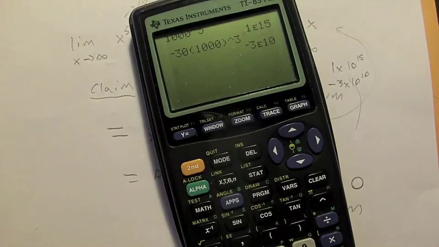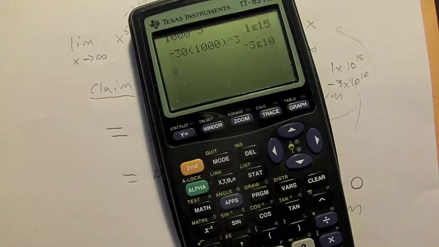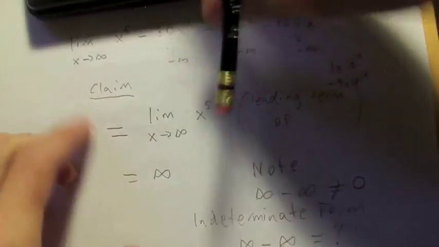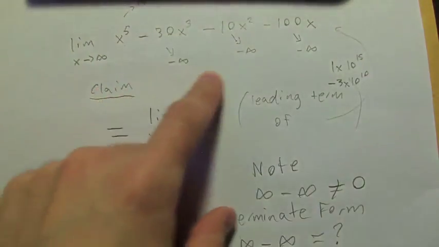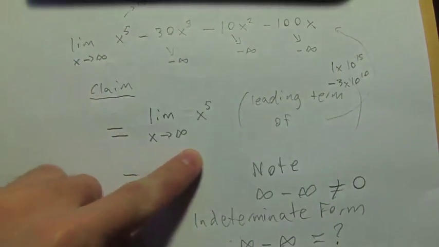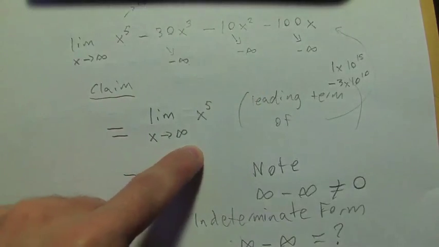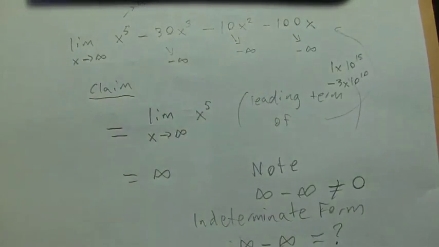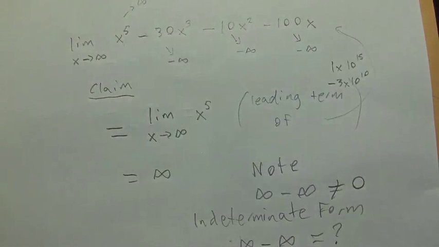The other thing I want to mention is eventually, and this comes from the claim that the limit as x goes to infinity of this whole thing is actually going to equal the limit as x goes to infinity of just the leading term. Okay?